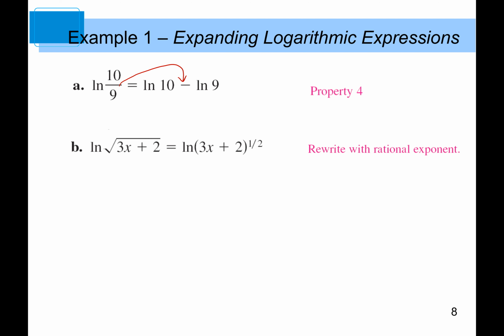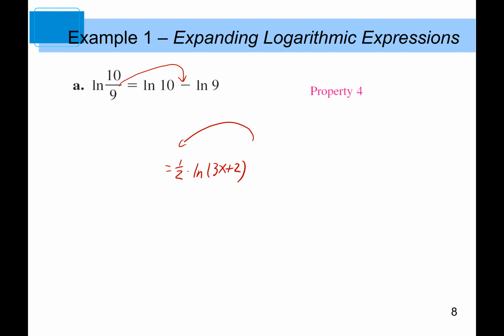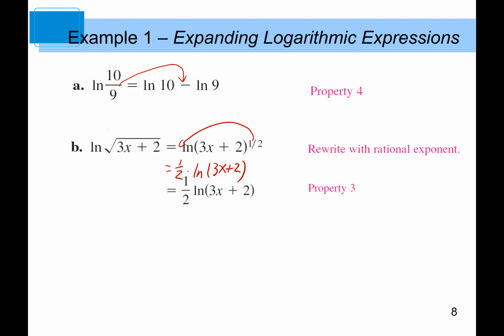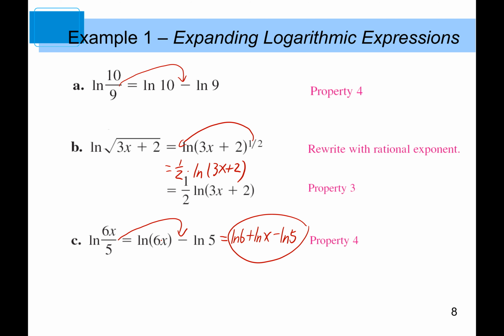And now I put a half in front: half times ln of 3x plus 2. Okay, that's the final answer. ln of 6x over 5 equals ln of 6x minus ln of 5. So the quotient becomes subtraction. Then the product becomes addition: ln of 6 plus ln of x minus ln of 5. And that is how you expand it completely.